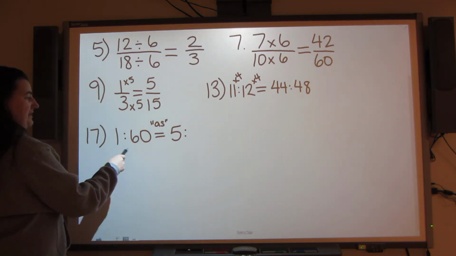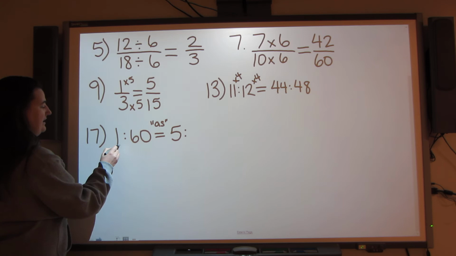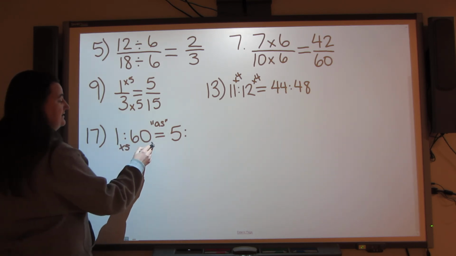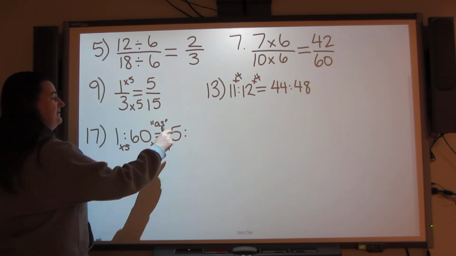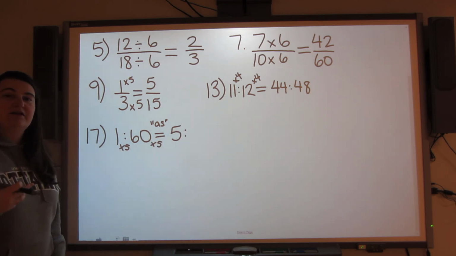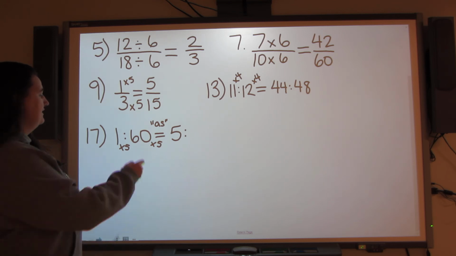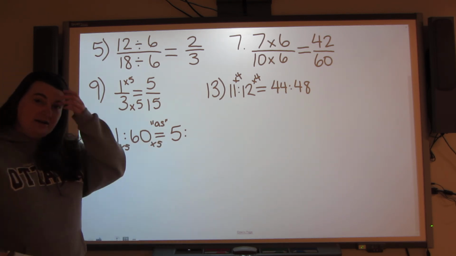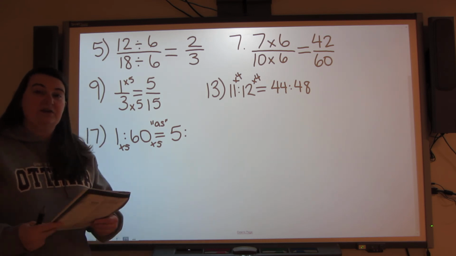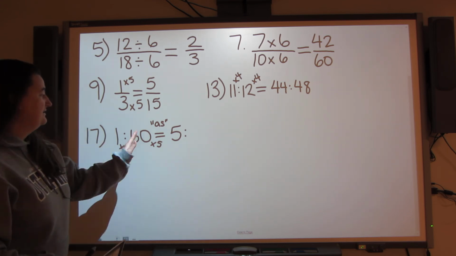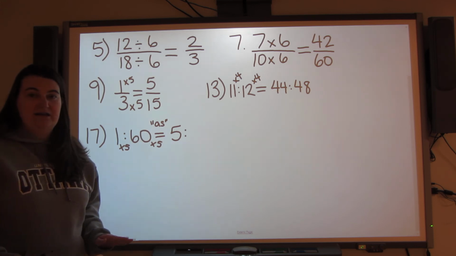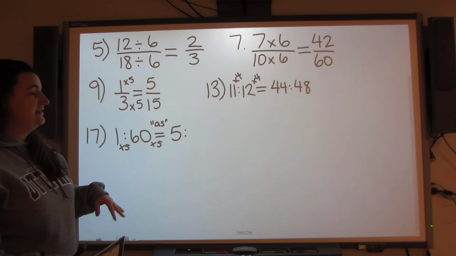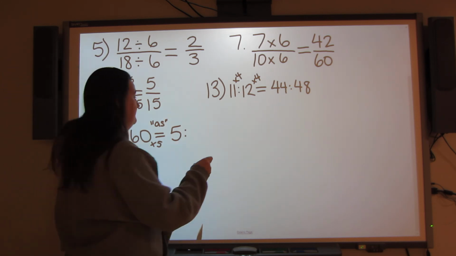How do I turn 1 into 5? Well, I know that 1 times 5 is 5, which means I need to times 60 by 5 to get my missing number and complete my proportion. So 1 times 5 is 5, 60 times 5. Now remember, you can do an outside calculation for this, or you can shortcut it by just pretending like the 0 isn't there. 5 times 6 is 30, plus the 0 that you ignored is 300.